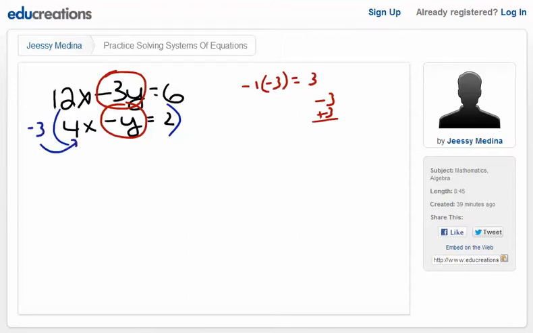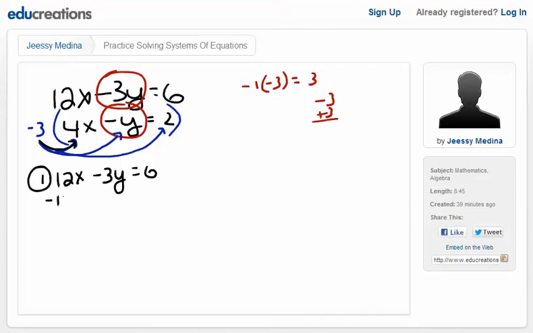When I do that, I have to remember to distribute it to everything. Alright, I'm rewriting the first one. So I have 12x minus 3y equals 6. And then negative 3 times 4 is negative 12x. Negative 3 times negative 1 is positive 3y. And negative 3 times 2 is negative 6.